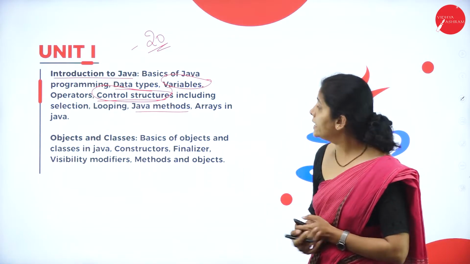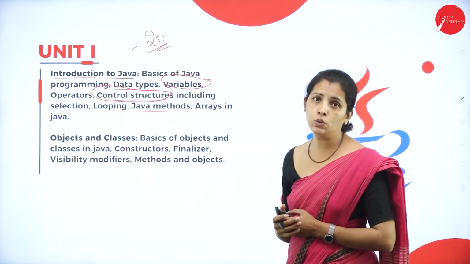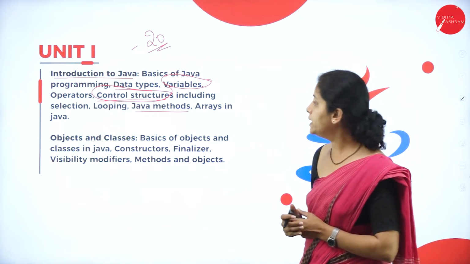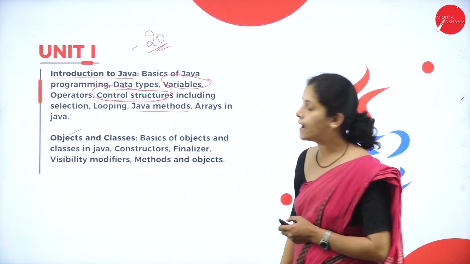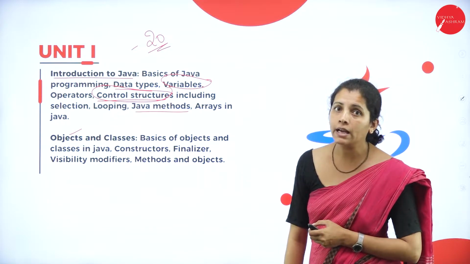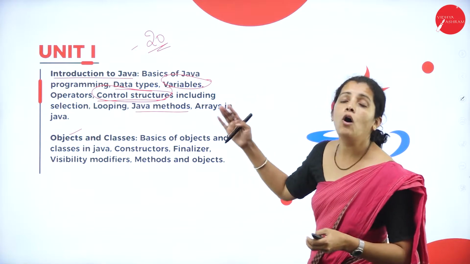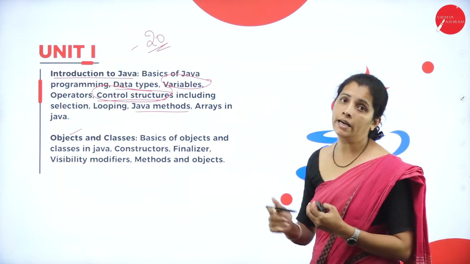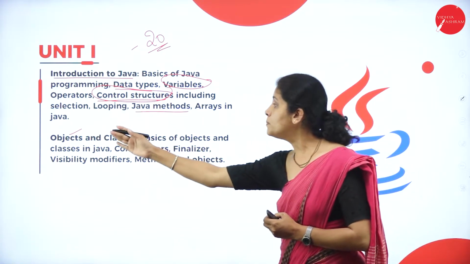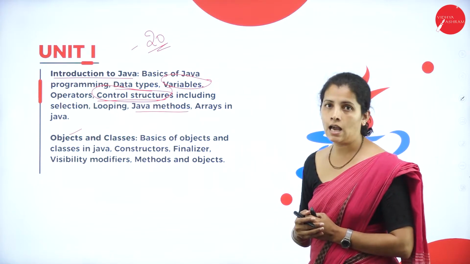So, dear students, under chapter 2, I'm going to deal with objects and classes. And if I consider the Java programming language, here all the things are treated as objects as well as classes.